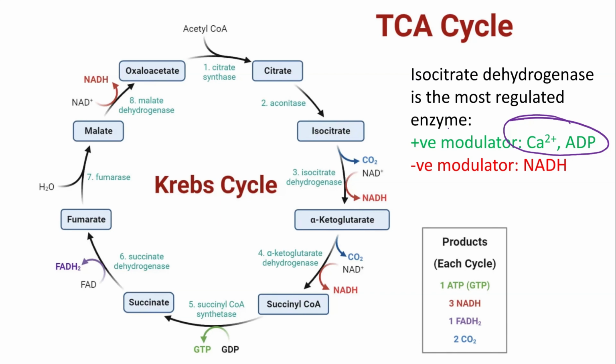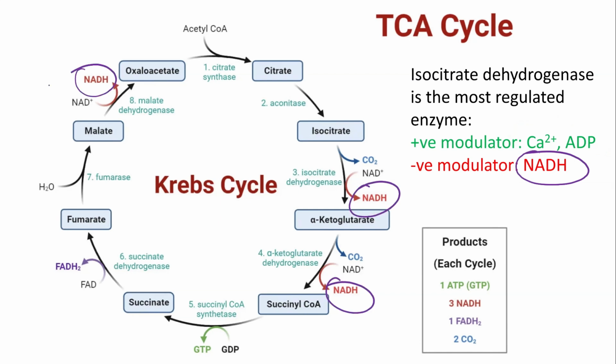Coming to NADH. What is the role of NADH on the TCA cycle? Negative, because NADH is the product of the TCA cycle. Whenever there is a lot of NADH, when NADH is not being oxidized, for example your electron transport chain is down, NADH will build up.